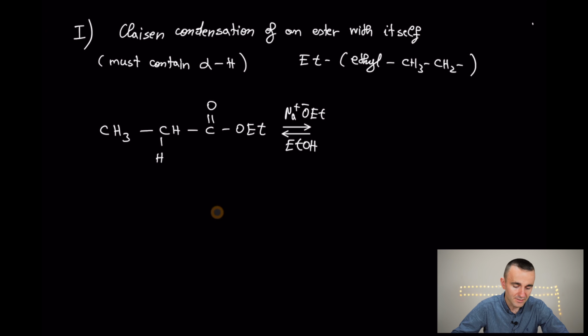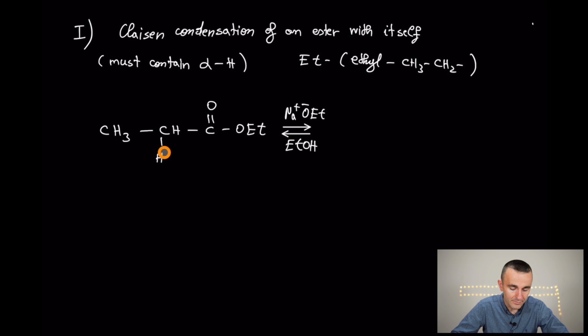The first one is Claisen condensation of an ester with itself, not intramolecularly, but two identical molecules condensing with each other. So it must contain alpha hydrogens, like in this case, and Et, for simplicity, is abbreviating the ethyl group.